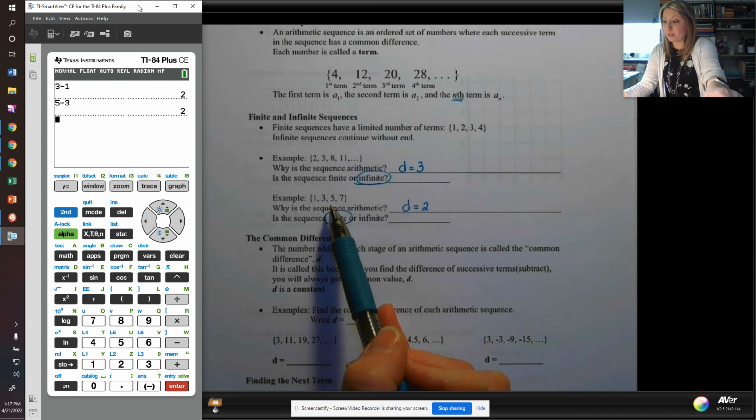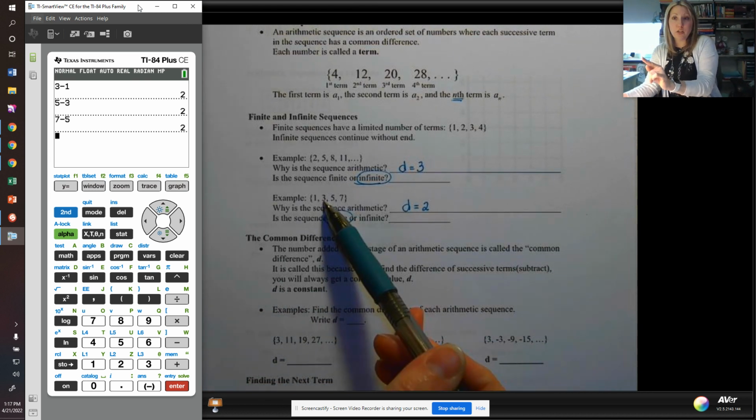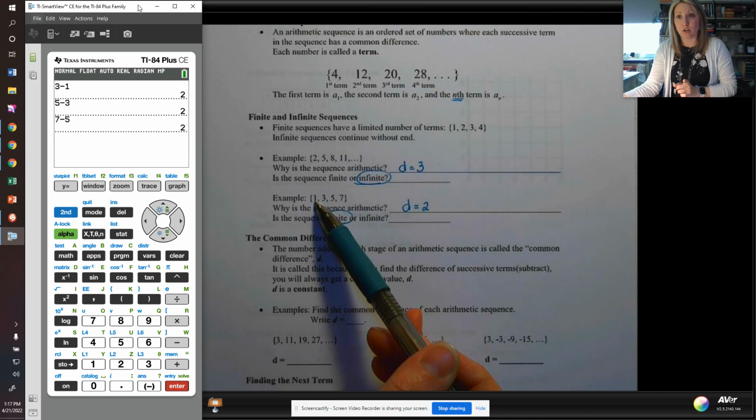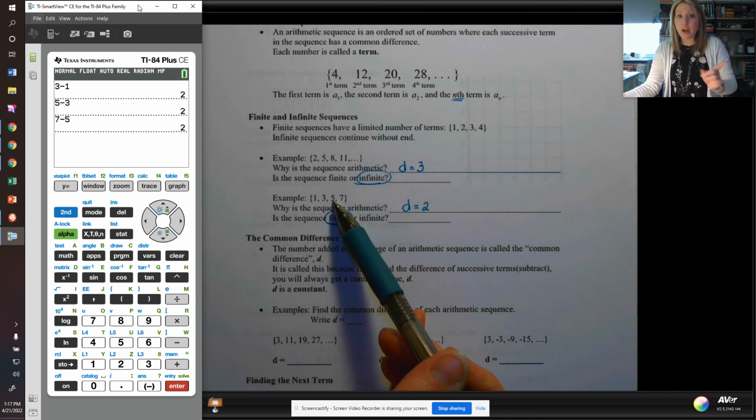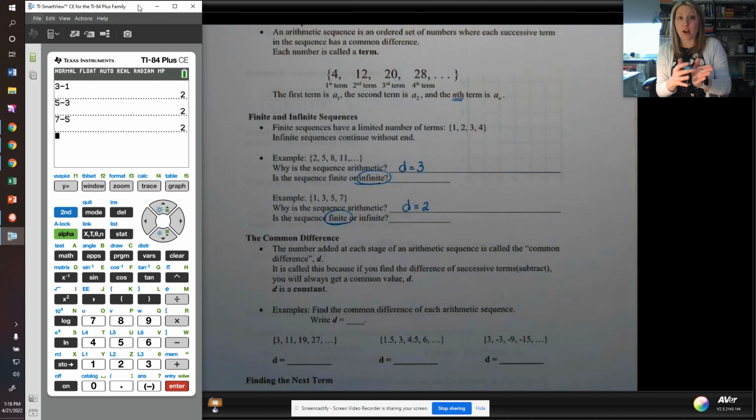So far, I'm getting a common difference. Then the last one, the fourth term minus the third term, 7 minus 5, gives me 2. That's how I'm figuring my common difference. It's called a common difference because I'm taking one of my terms and subtracting the previous term, and if I do that enough times, I should have the same answer every time. That same answer leads us to our common difference.